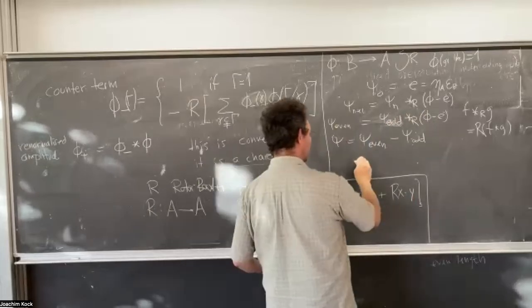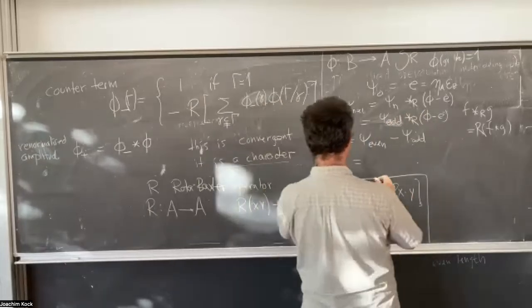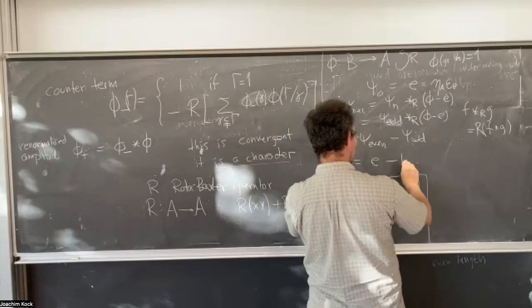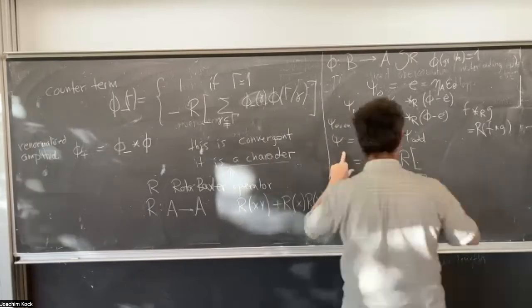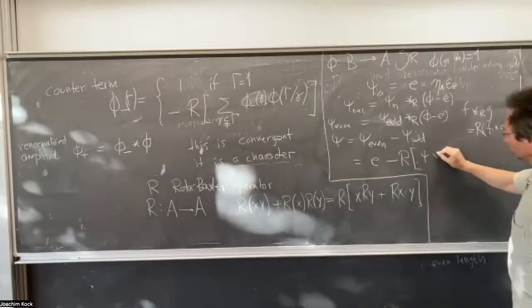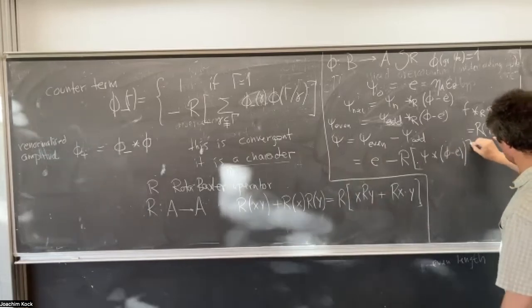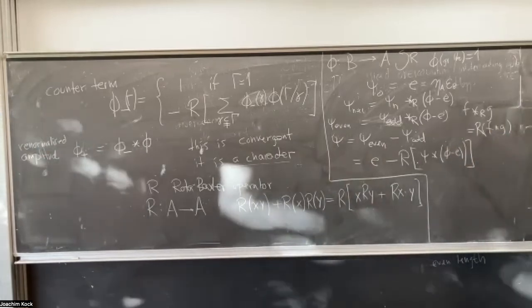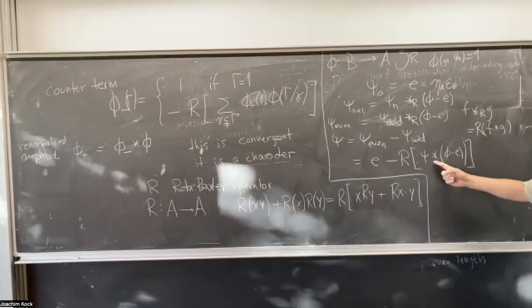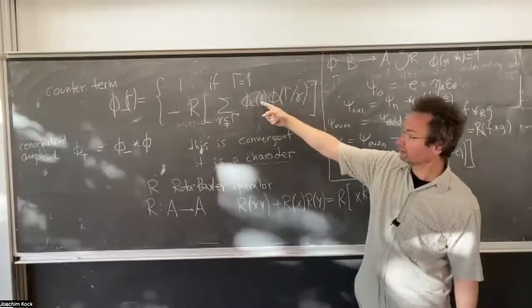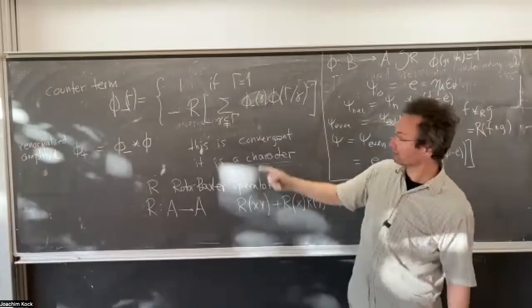So in the end, you get exactly the same formula as before, namely E minus R, and then psi convolution phi minus E. This is the same formula as this, by the same argument I gave for Rota's original formula.